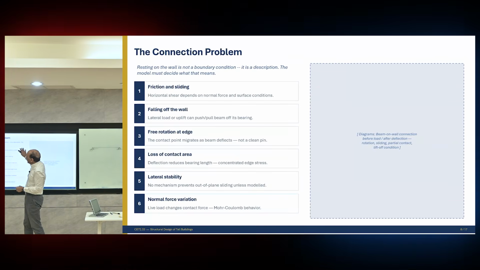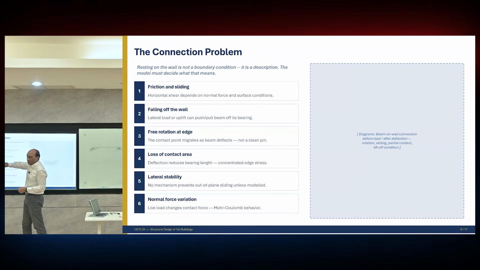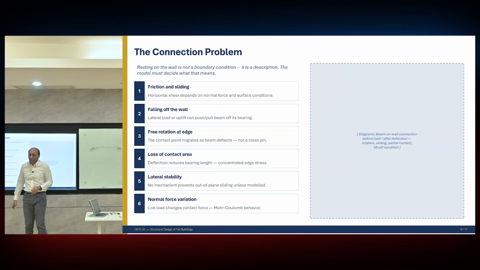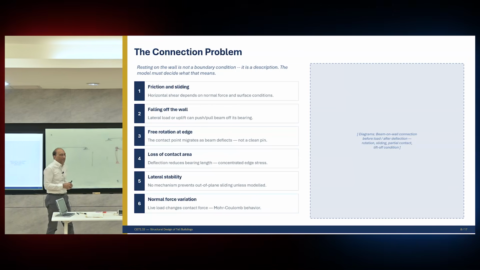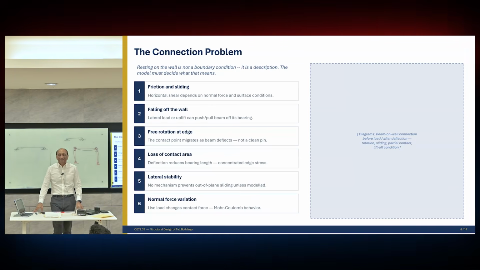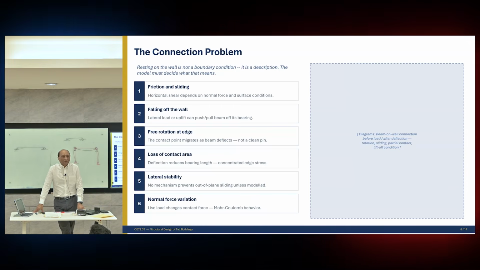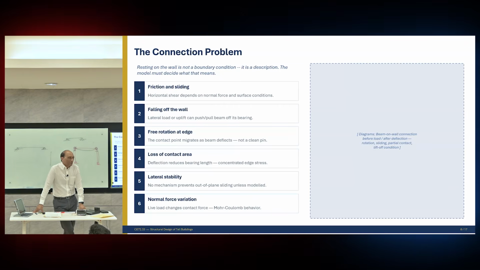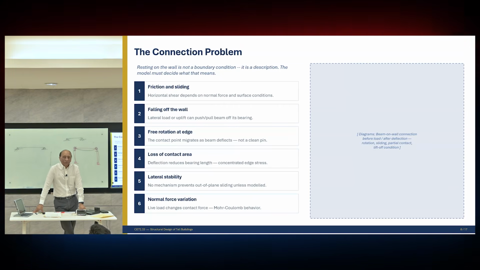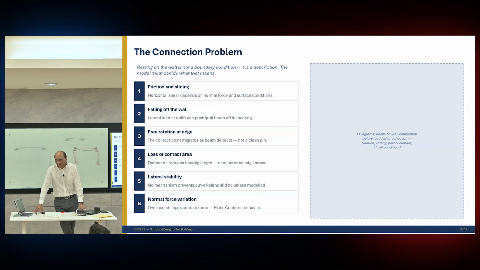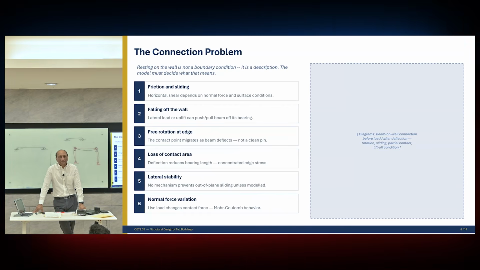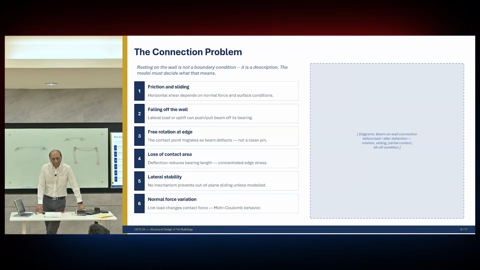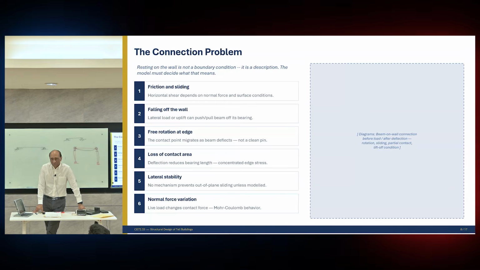So friction and sliding, falling off the wall, free rotation at the edge, loss of contact area, lateral stability, normal force variation, all these are issues that will come for the disconnected areas, not the connected ones. So that's why for precast buildings, this kind of analysis is critical, because things are not connected, or they're connected after placement. So during construction, they are in a dangerous situation.